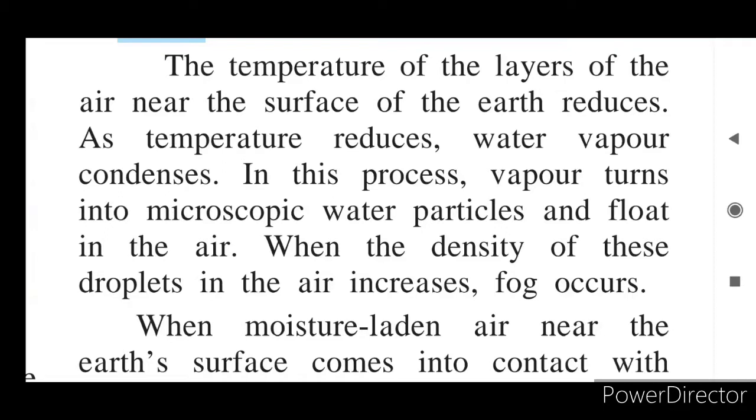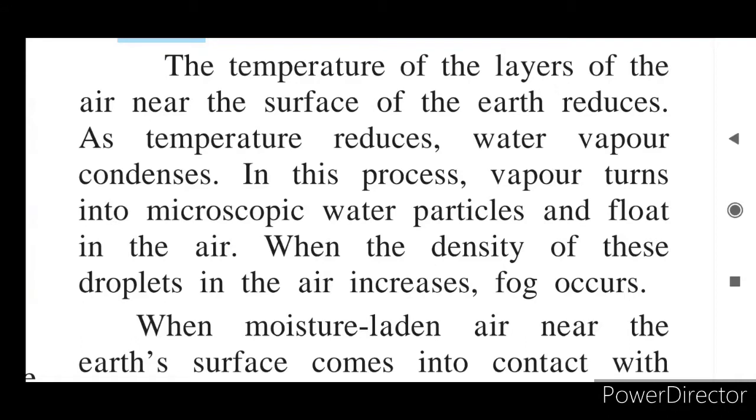In the air we have an amount of water, but that water is in gaseous form. So when the temperature is low, this vapor will convert into liquid or solid form as per the temperature. If the temperature is very low, then it will convert into solid, and if there is a minor reduction in the temperature, then the moisture will convert into liquid form.